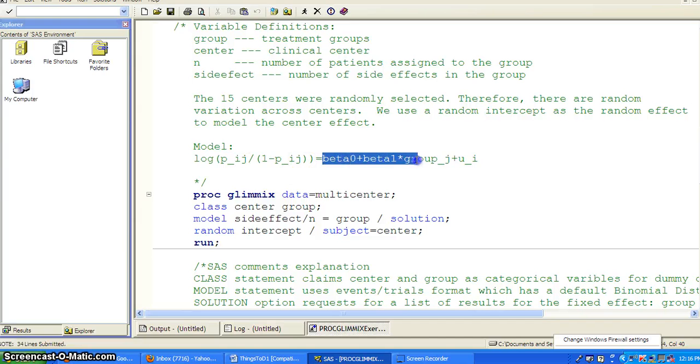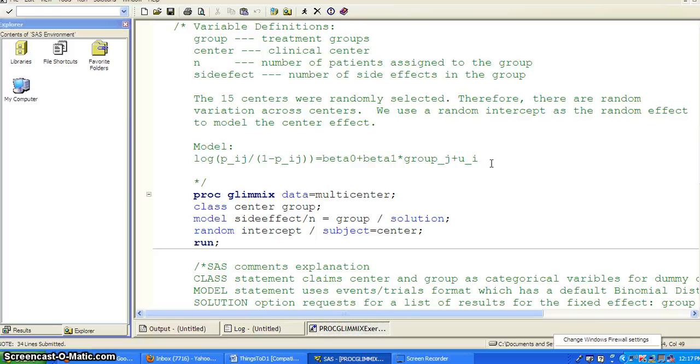And it's a linear function of the treatment assignment group underscore j, so the j's group. Then you have the U underscore i. The i is for the center. So it is a random effect to model the random variation across the centers.